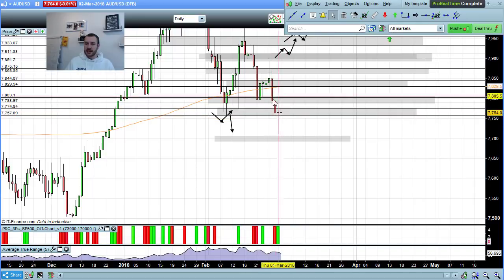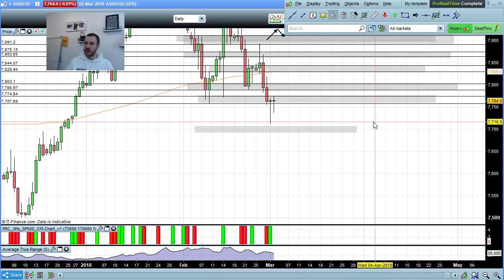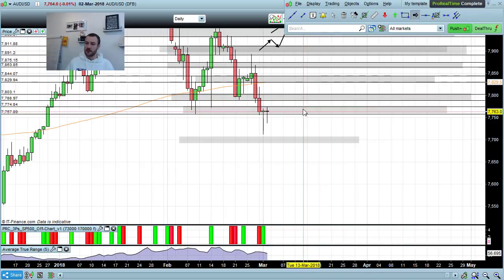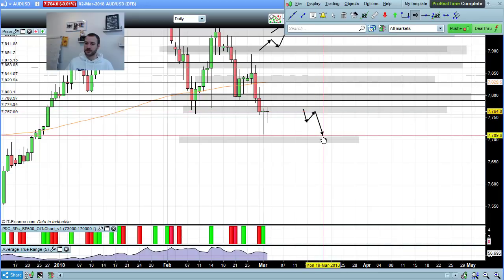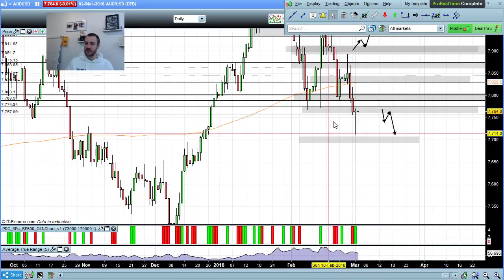With where we're testing at present, we've broken down once and broken down twice. However, on the daily time frame as yet, we've not given confirmations that the market is looking to accept below this level. So we've broken down, but then we've closed back up in our support and resistance zone. We did the exact same thing on Friday. Let's get rid of these arrows. So the first thing is, if we break down again, once again, it remains a good level to look for resistance and potentially those moves back down toward 7715 and the 7000 level.